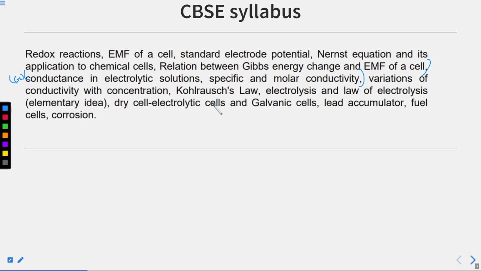Now we have seen a special case. When will these three be equal: conductance, specific conductance, and equivalent conductance? If we take an electrolyte with volume equal to 1 meter cube, and the electrodes are placed 1 meter apart from each other, then the cross sectional area is 1 meter square, and the length of the electrolyte is 1 meter.